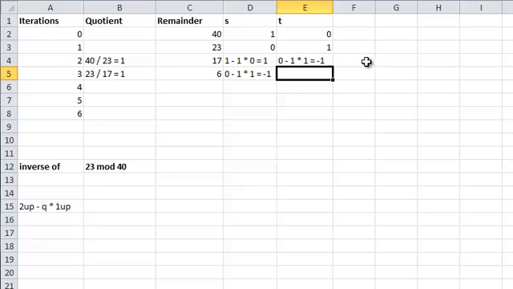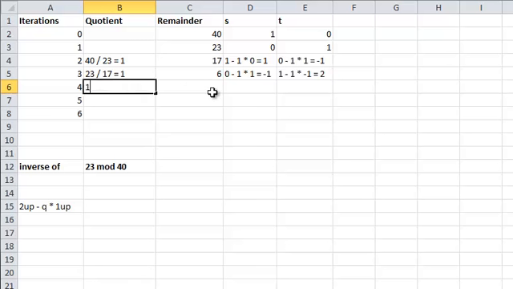I'm going to do the same thing for t, so 2 up is 1, and we have minus our quotient, which is 1, and then multiplied by the first cell up, which is negative 1. So negative 1 times negative 1 is just 1, so we have 1 plus 1, which is 2.